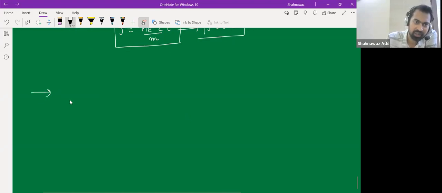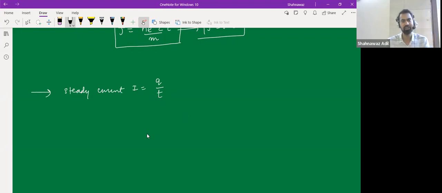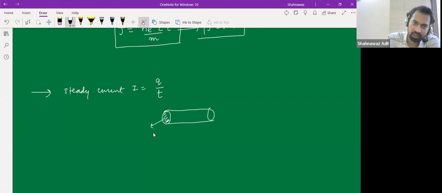And then we saw that if equal amounts of charge are not flowing, we take some portion of charge flowing through some area. Let's say this is some area, and delta q amount of charge is flowing this way.